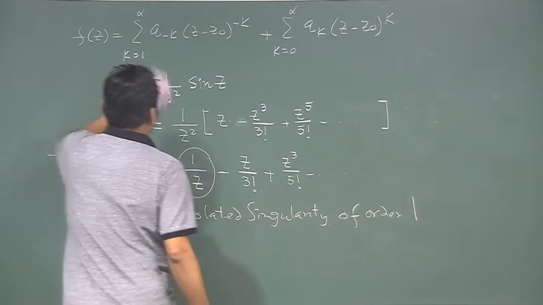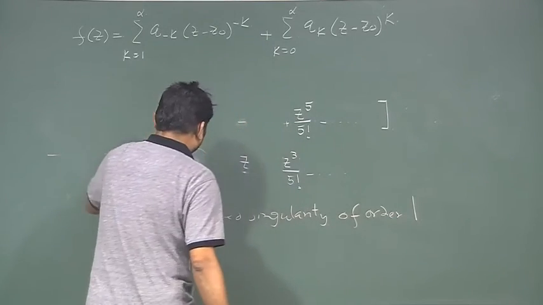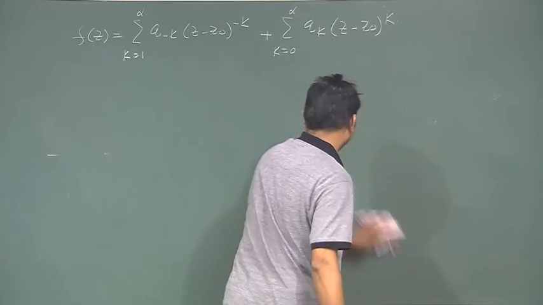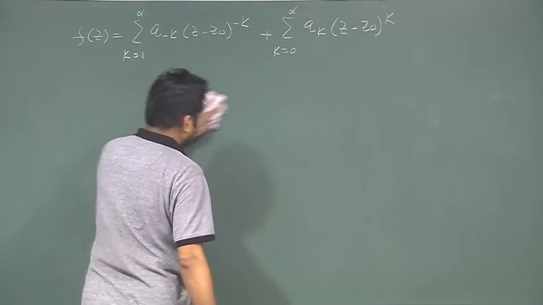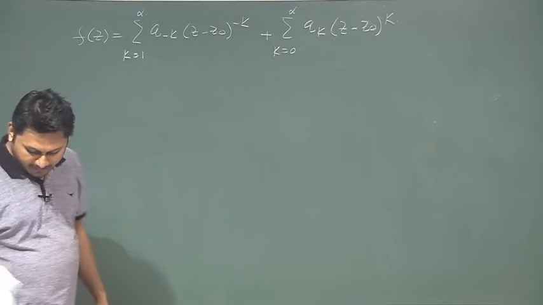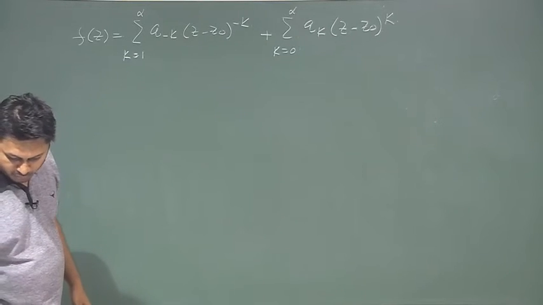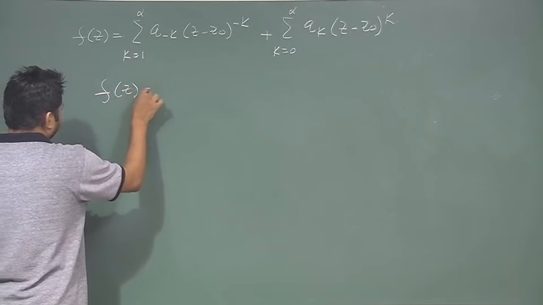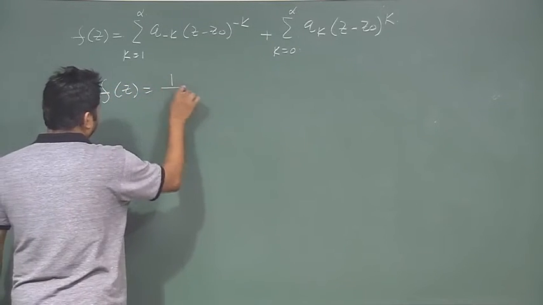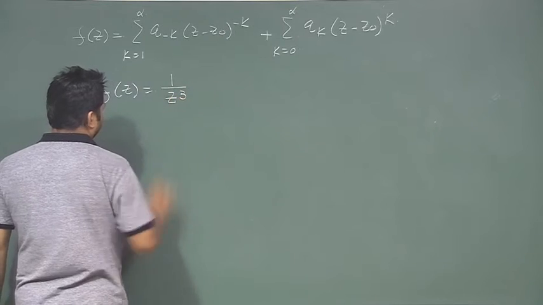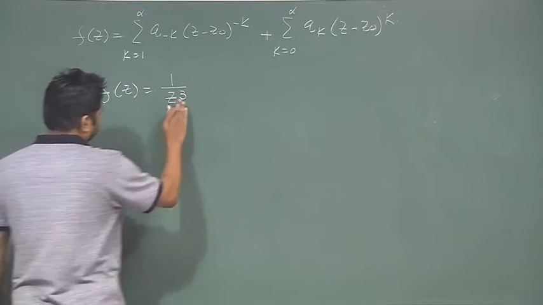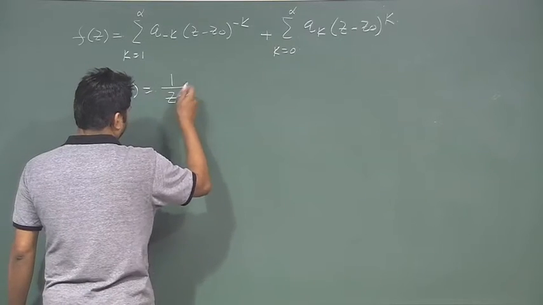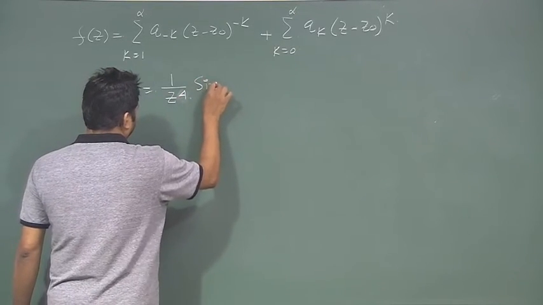Okay. So, now we will have some singularity which may not have order 1, but greater than that. The easy example is, say f(z) is equal to 1 by z to the power 4 times sin z.